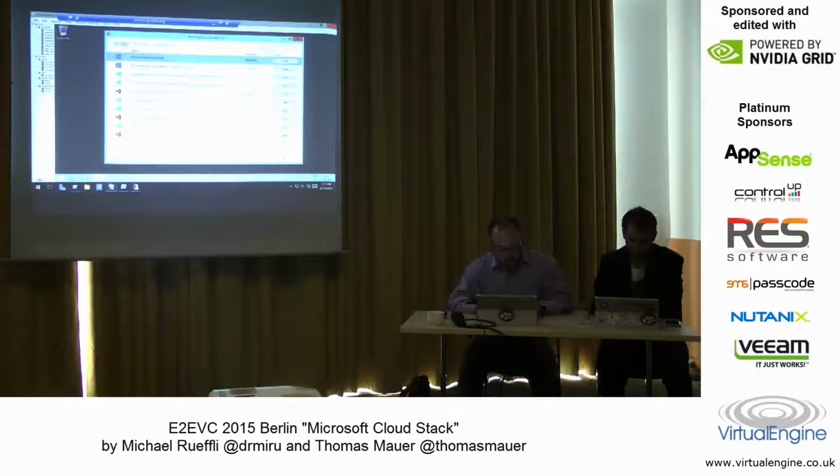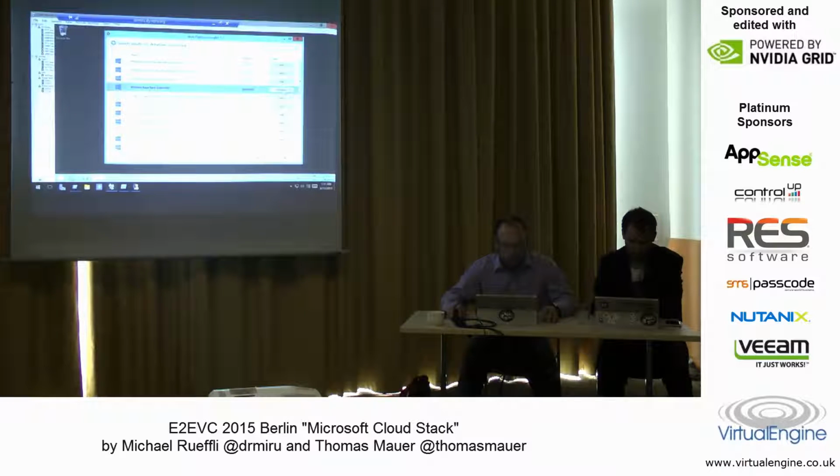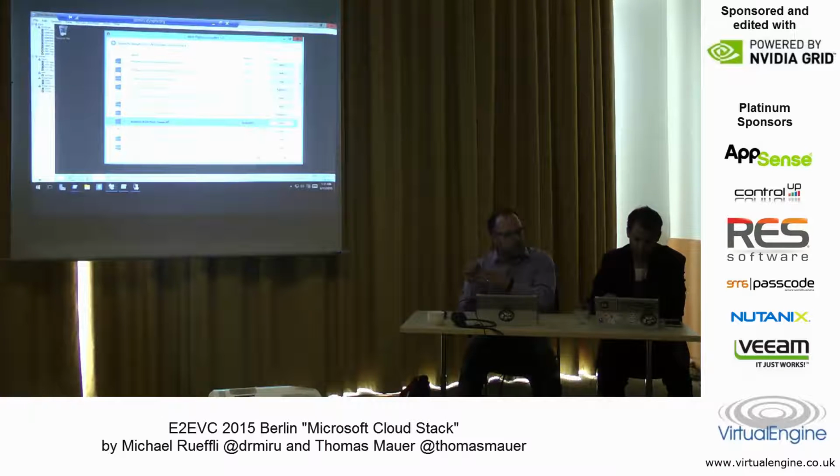So we go here and search for Windows Azure Pack. We need the admin API of Windows Azure Pack. We need the administration side, of course. And the tenant API. The tenant API is not the API which interacts with the tenant.